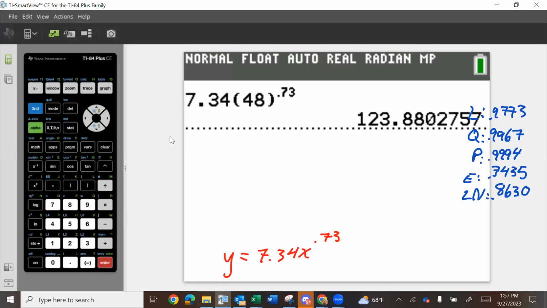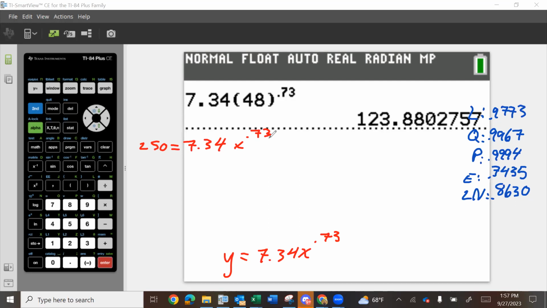All righty. So I'm going to plug in 250. So 250 for y is 7.34 x to the 0.73.